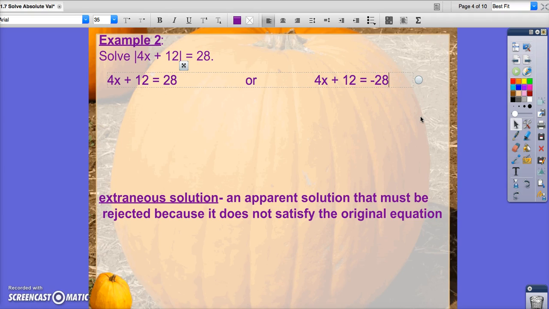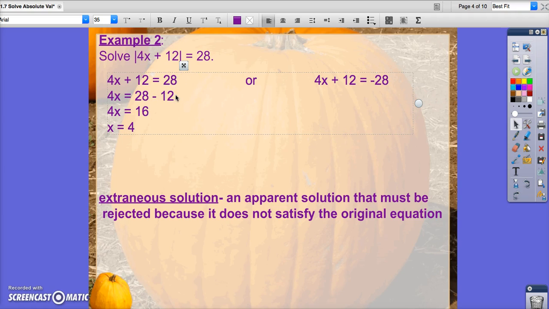It's easier that way to take care of all the absolute value answers: you change the number on the right. All right, so we solve for 4x equals 28 minus 12, right? 4x equals 16. And when I divide, I get x equals 4.